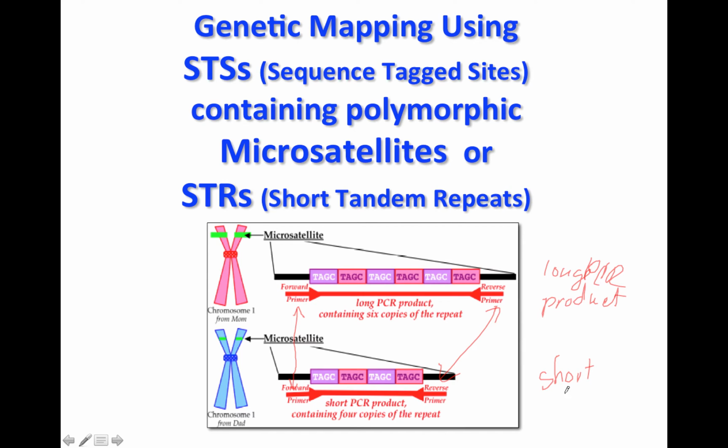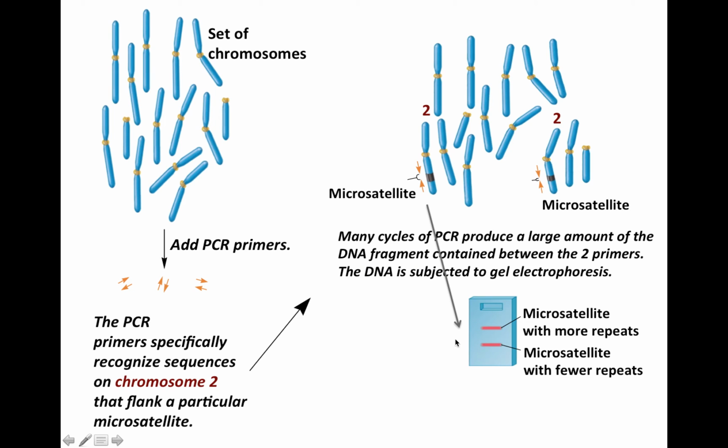So when you analyze the DNA from the PCR reaction on a gel, you should end up with two different lengths of PCR products. A long one that reflects the fact that this site on the chromosome that you got from mom has many copies of this repeat, and the shorter one that reflects the fact that this microsatellite on dad has fewer repeats. So let's look at this again.